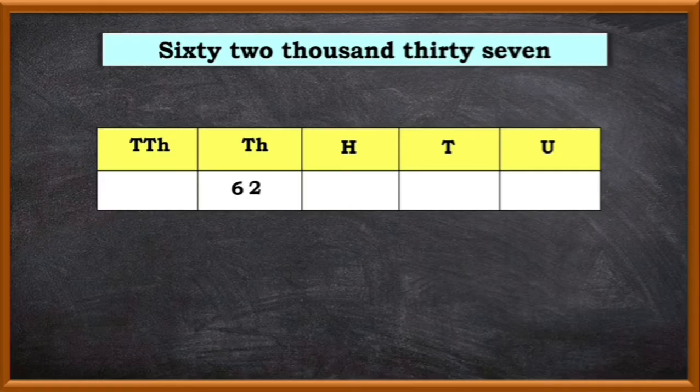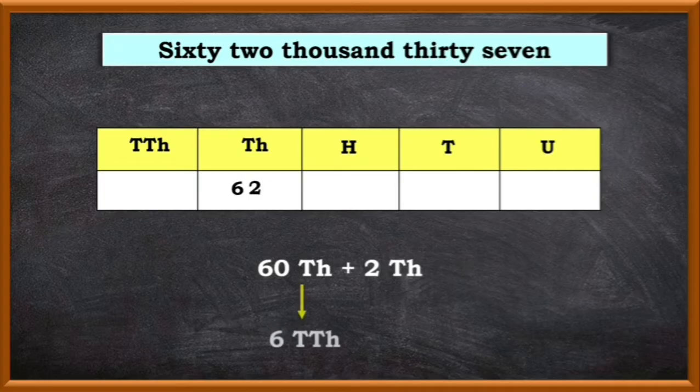But why? Why we can't write 2 digits in one column? Because here we have 62,000 and 62,000 means 60,000 plus 2,000 and 60,000 means 6 10,000. So we will write 6 in 10,000s column and 2 in thousands column.